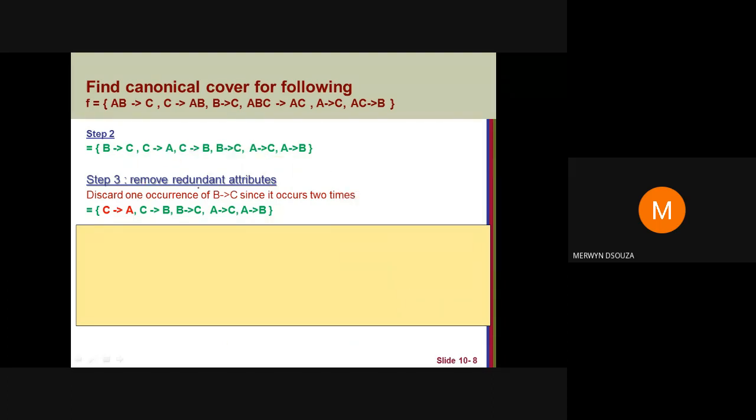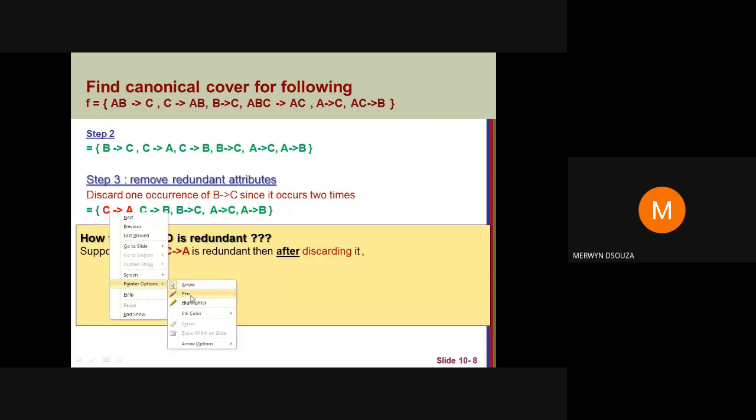Now let's try to remove the redundant attributes or the redundant functional dependencies. How do you do that? How to claim that any of these functional dependencies is redundant? Suppose you want to say that C determines A is redundant.